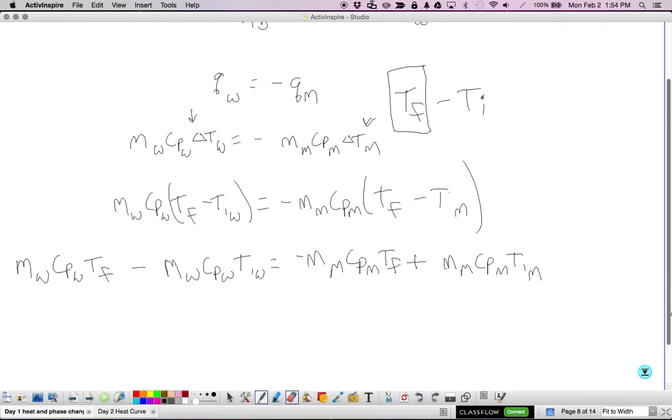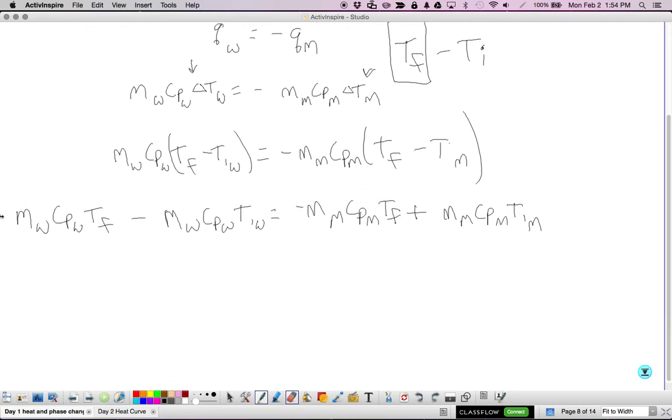Now I'm going to get my T finals on one side. I'm going to add mass of water, C_P water, T initial water to both sides.